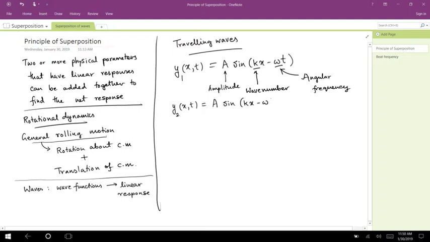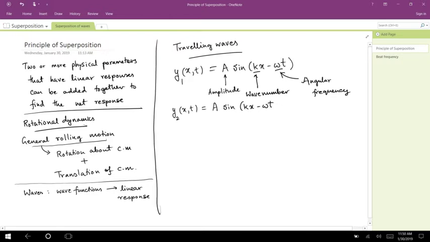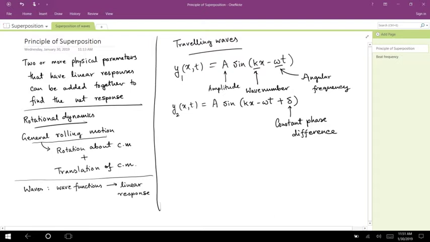So roughly the same wave, except now I'm adding an additional part, which is a constant phase. It's the difference between the two phases of y1 and y2. So y1 has no extra constant phase, y2 has this extra constant phase delta.